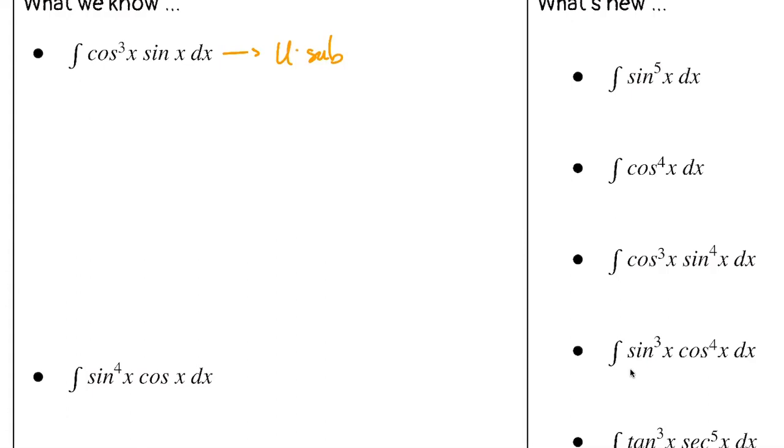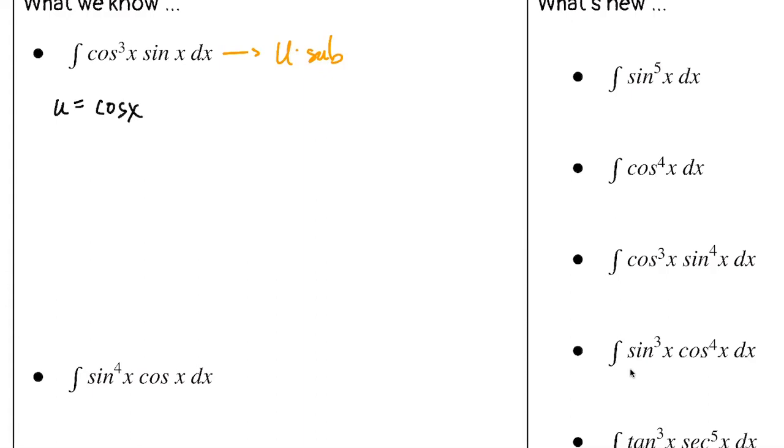So here's how I know that I can use u sub. I see cosine, and I know that the derivative of cosine is negative sine, and I see a sine in there. So I see a function and part of its derivative in the same integrand. In this case, I'm going to let u be cosine x.